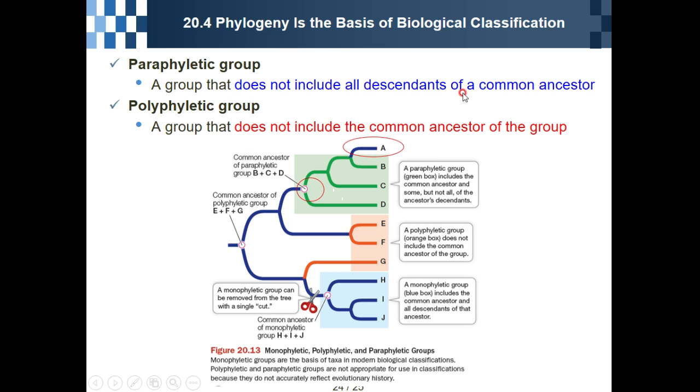They did not include A. So this group we call a paraphyletic group. They have a common ancestor. They include B, C, D, but they did not include A. So this one we call a paraphyletic group.